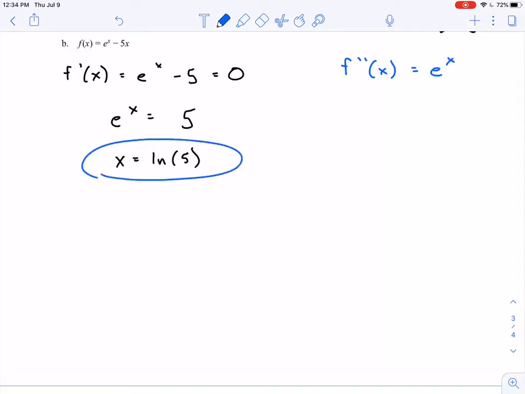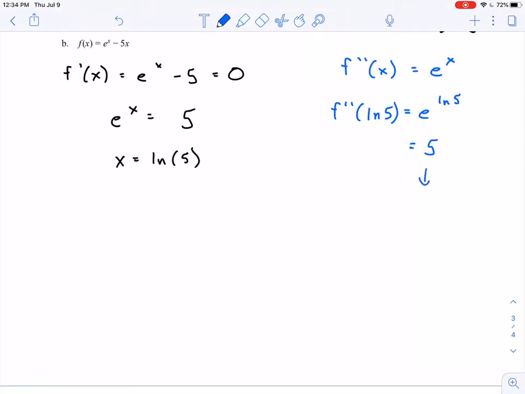So I'm going to take my critical point, natural log of 5, and plug that into my second derivative. So f double prime of natural log of 5 is e to the natural log of 5 power. If I simplify this, e to the natural log of 5 is just 5. So I know that the second derivative is a positive 5.